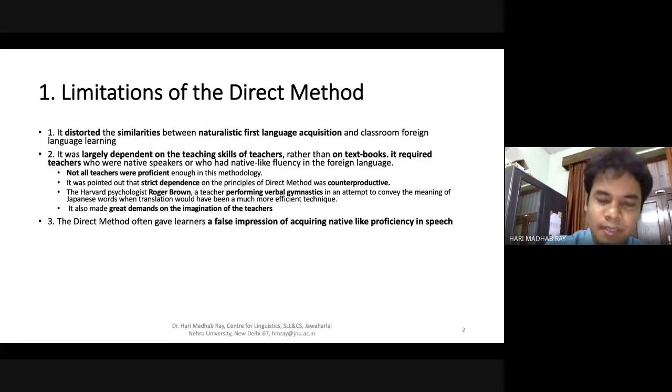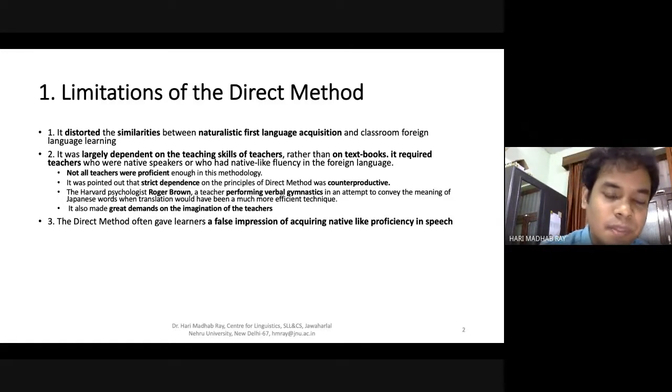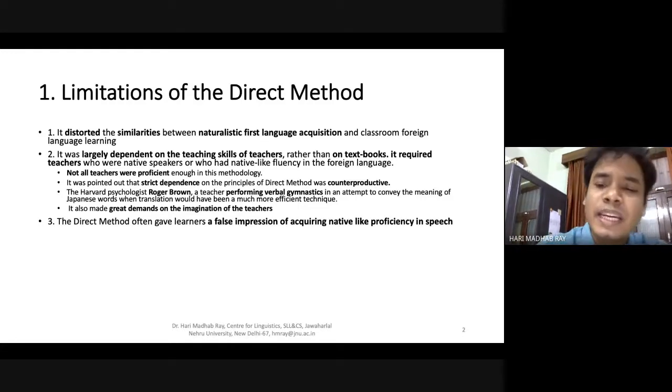The same way, it's the other way around for us also. We are not parrots, basically. Language cannot be seen as that kind of behavior, or mimicry, because maybe a parrot can imitate better than humans for that matter. So it gives a false impression of acquiring native-like proficiency in speech.